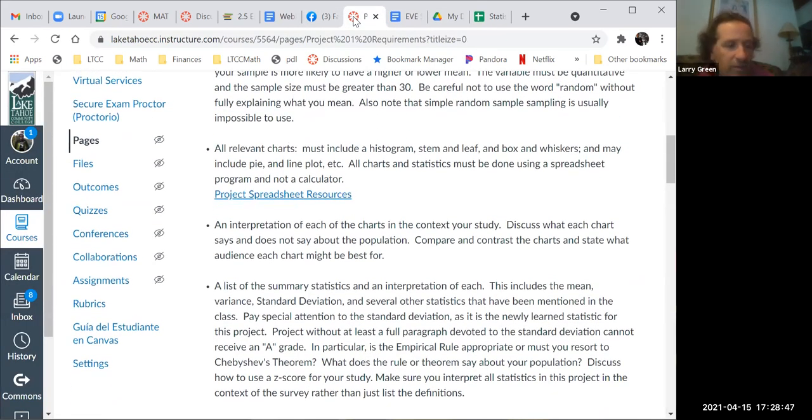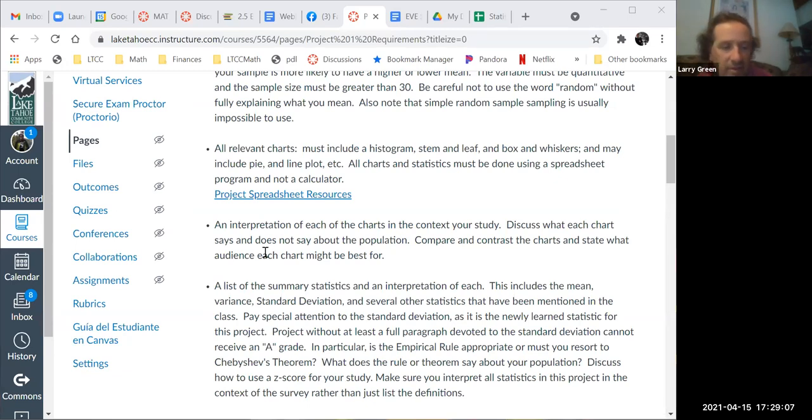Okay, then once you have your data, your charts, and your statistics, then you are going to interpret all of them. And I want to make a big point that a lot of people just don't do, and I'm not sure why. The whole purpose of this project is to make recommendations to your client.